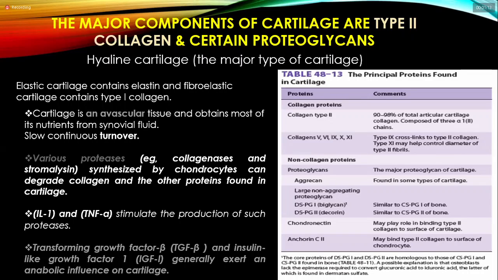For example, we have the elastic one as well as the fibroelastic one. So these types of collagens play a role in the elasticity of the cartilage tissues.